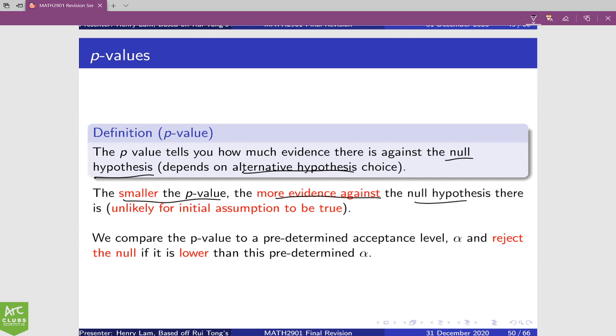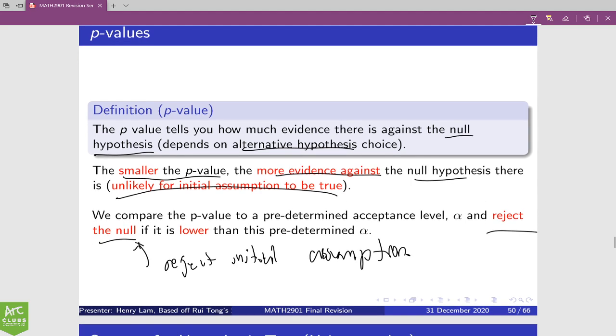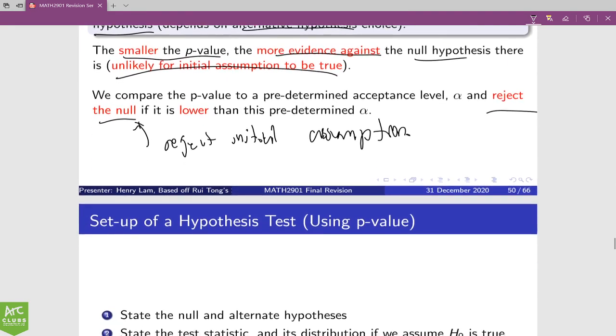Because if the probability of something happening is very small when you assume something, then that means your initial assumption is very unlikely to be true in the first place, right? So we can reject your initial assumption. Right, very unlikely, then, well, that means your initial assumption is probably not true anyway.